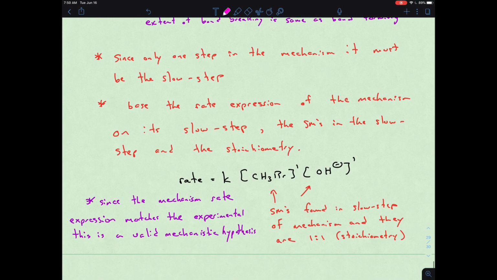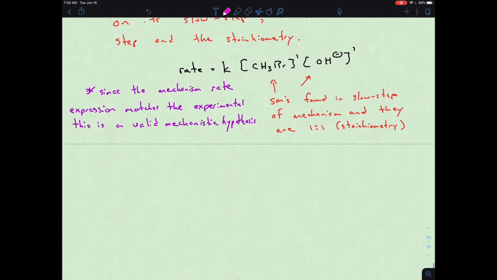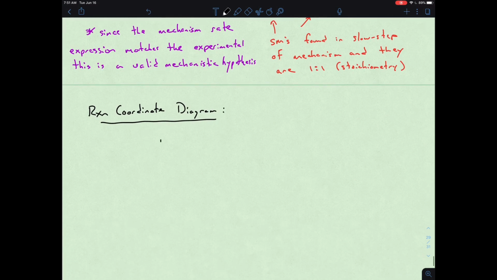So if we go to our reaction coordinate diagram, we have our reaction coordinate.